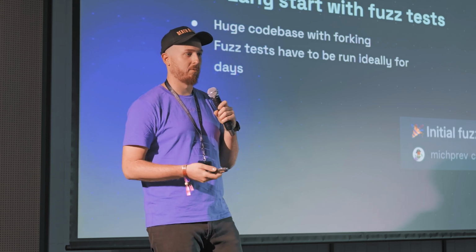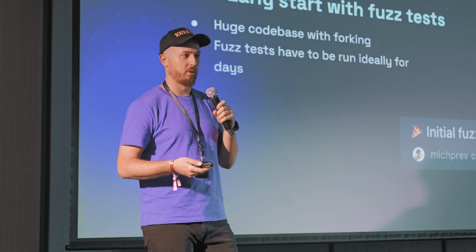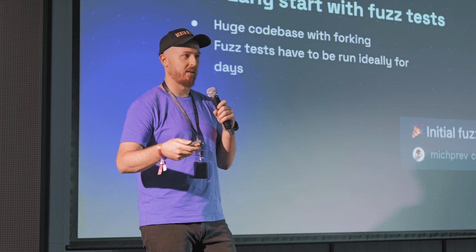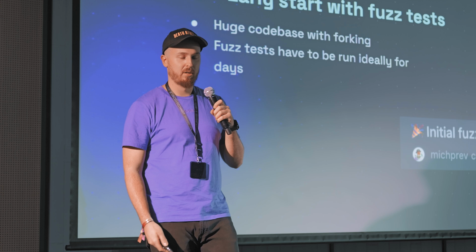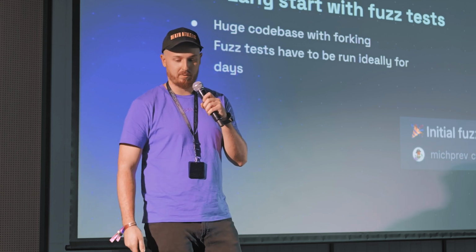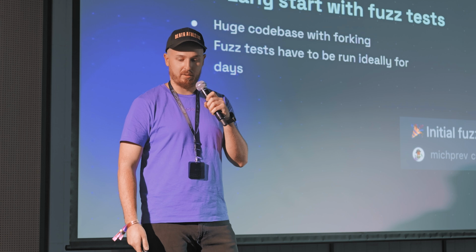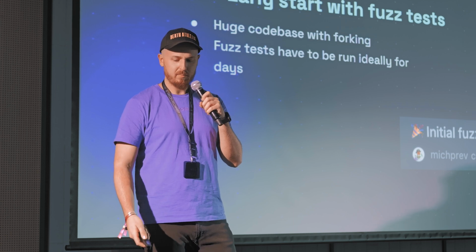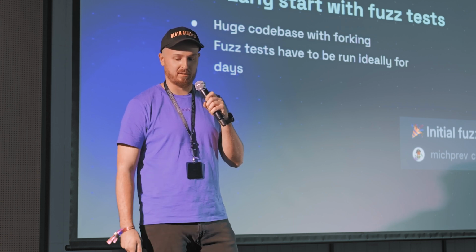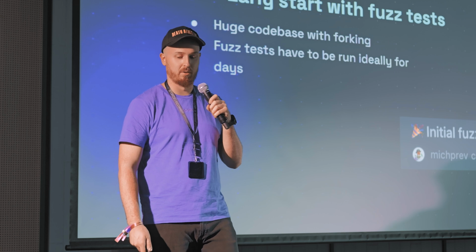So the ideal scenario is that you will be able to create these tests in the first half of the audit, and then continue on the review, update these tests, and run them for the rest of the audit. So they have to be run along. There is just a picture of a commit, where Michal, my colleague, already had a first fuzzing setup on day 2 of the audit.